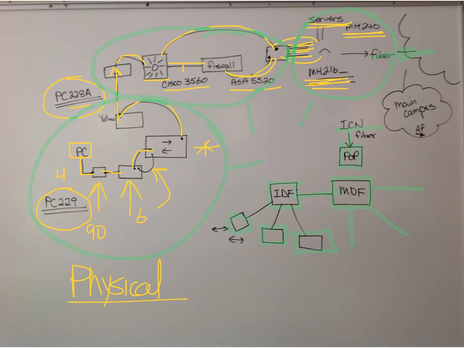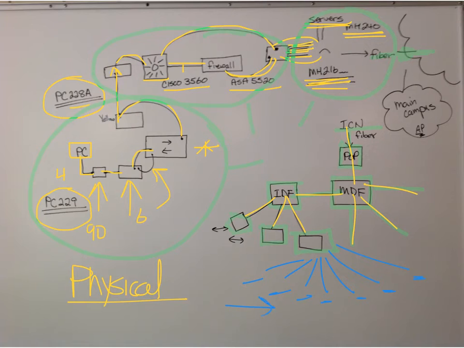So in this diagram, we could think of these as being vertical cables connecting this, and then out of this IDF, there might be a switch that we distribute out to other switches or workstations in the area, for example in the classroom.